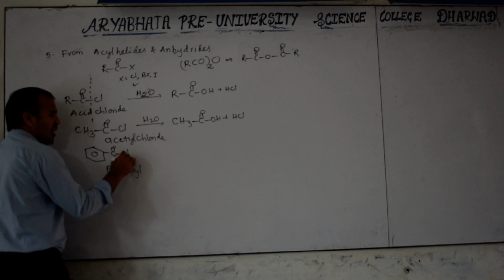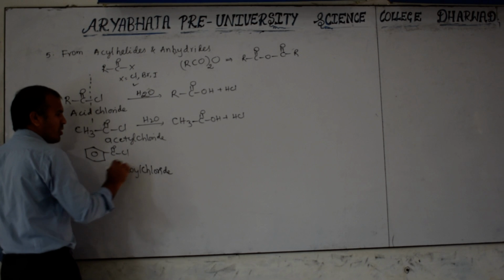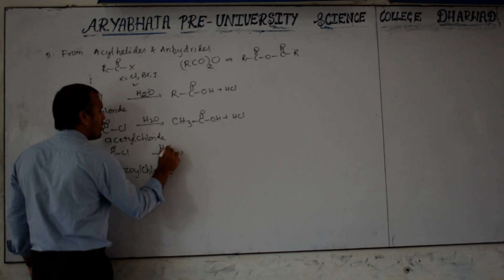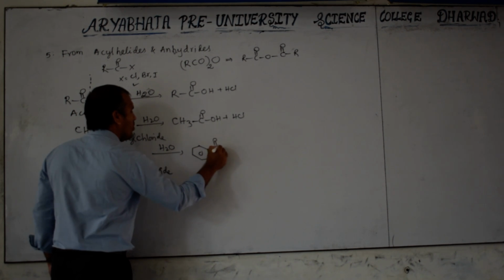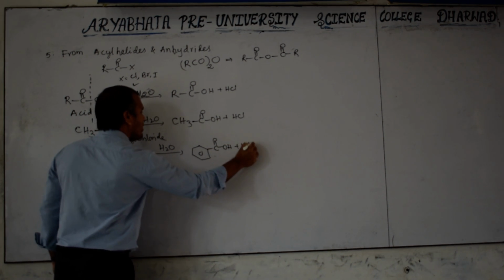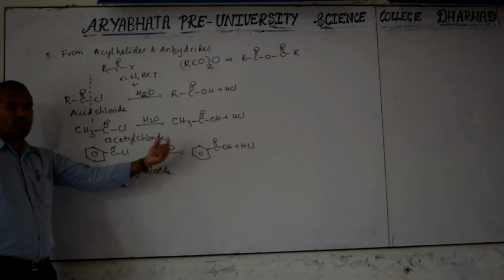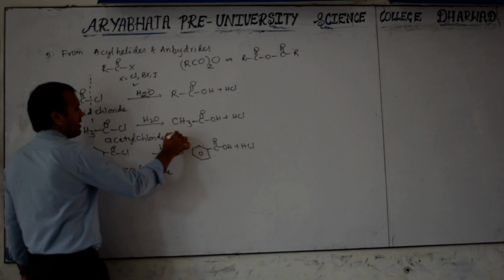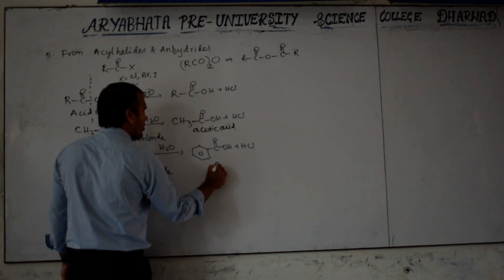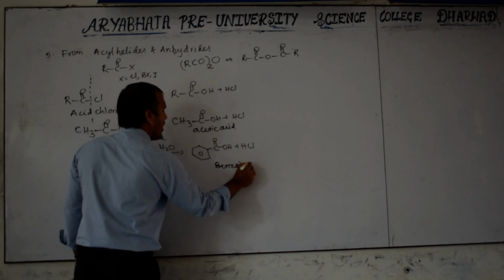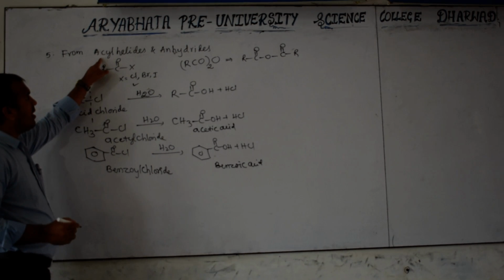Now benzoyl chloride reacts with water and we get C double bond OH and HCl. Like this, any reaction we can write to prepare the respective carboxylic acid. This is acetic acid and this is benzoic acid. This is from acyl halides.